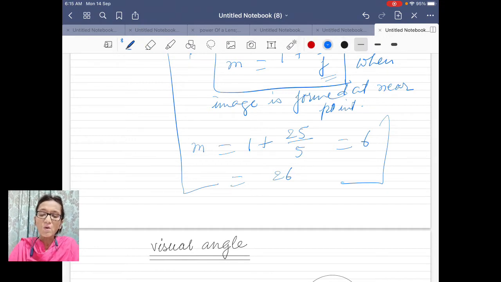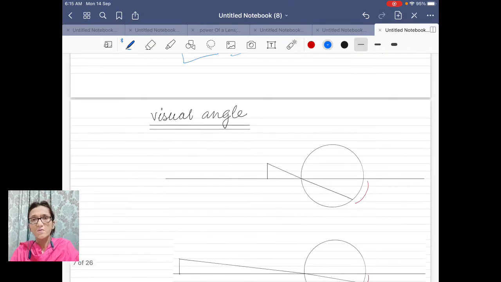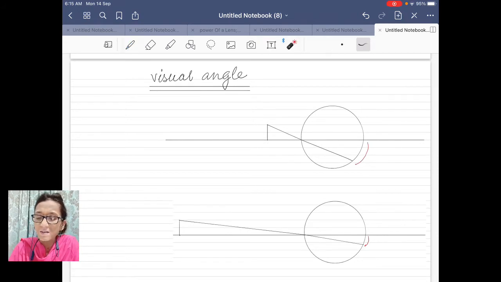So for angular magnification, we need to know the visual angle. What is visual angle? Suppose you are seeing a tree which is very close to you, just beside you, then the image of this tree or any object forms on your retina, and this is the size of the image.